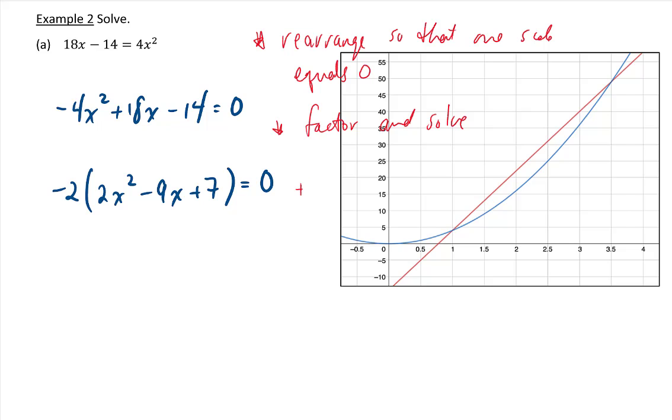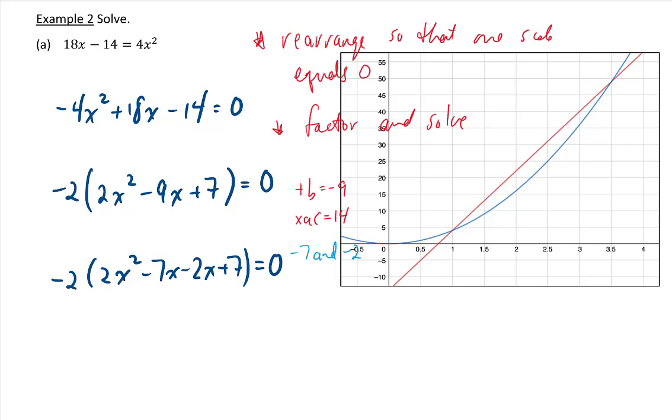So I need two numbers that add to negative 9 and multiply to 14. So my magic numbers here are negative 7 and negative 2. So we get negative 2 times 2x squared minus 7x minus 2x plus 7 equals 0. So we split up that negative 9x.